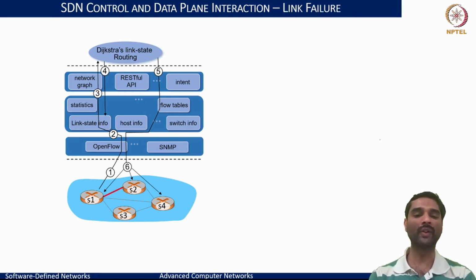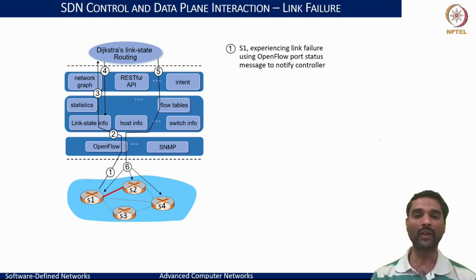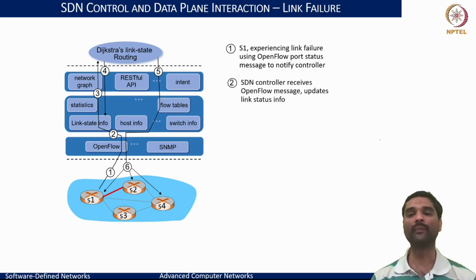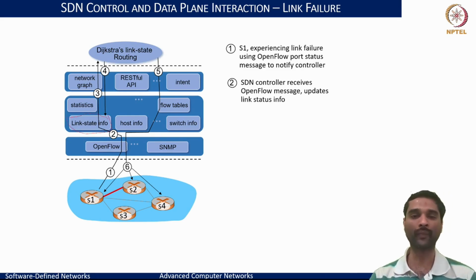What would really happen when the link S1, S2 goes down is, as soon as the switch experiences the link down, S1 or S2 would send a link failure message back to the SDN controller through the OpenFlow interface. Once the controller gets notified, it would process this message and update the link state info table, indicating that link S1, S2 is now down.